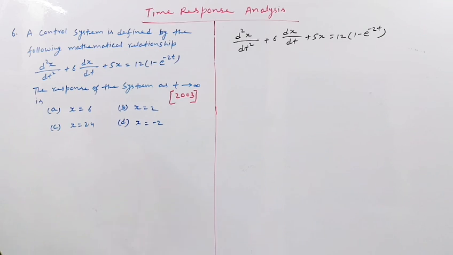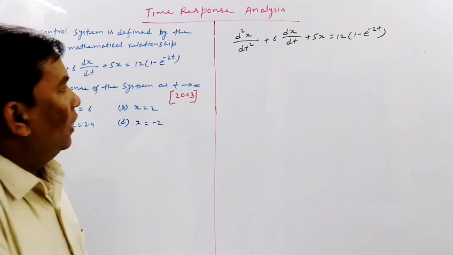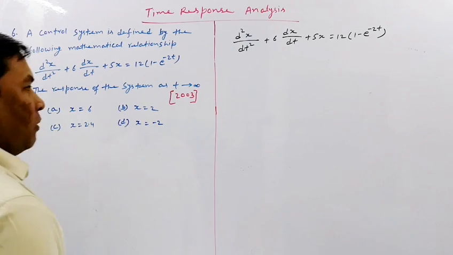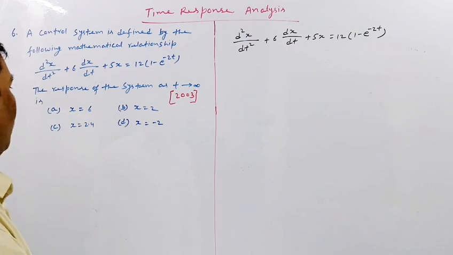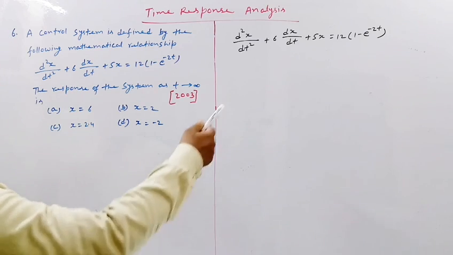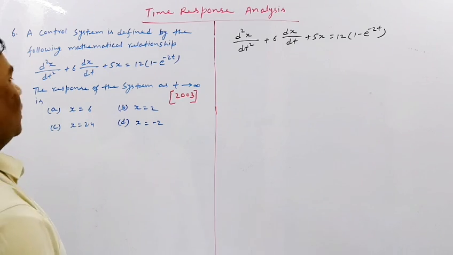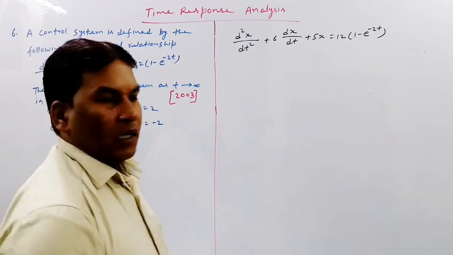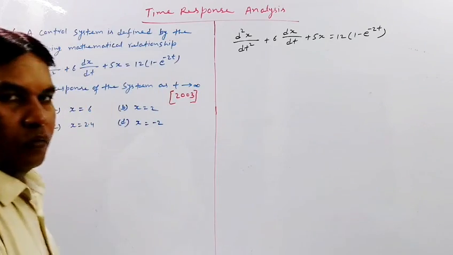So let us find the transfer function of the system. What will be the transfer function of this system? The transfer function of the system will be calculated after taking all initial conditions 0.